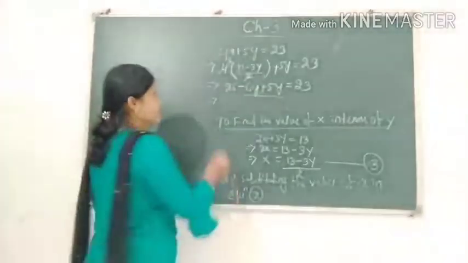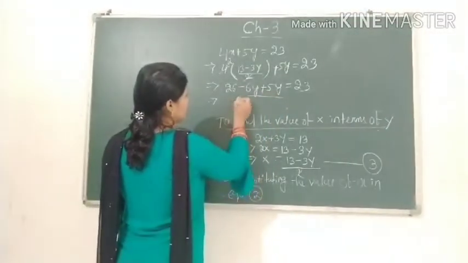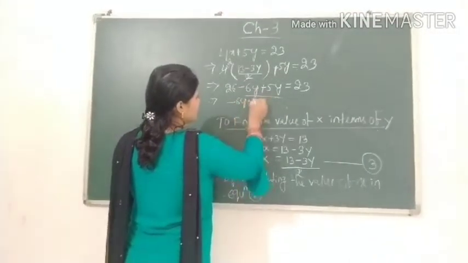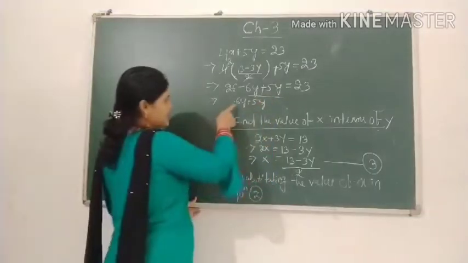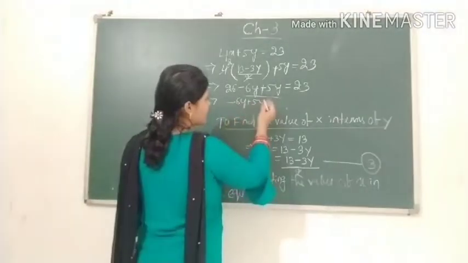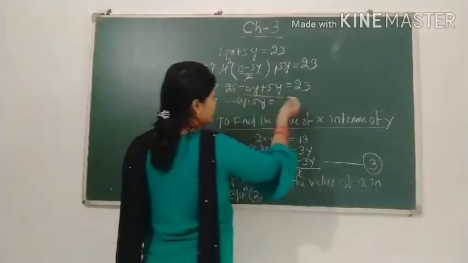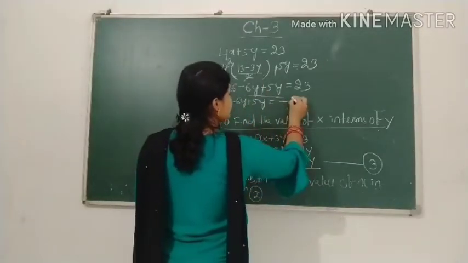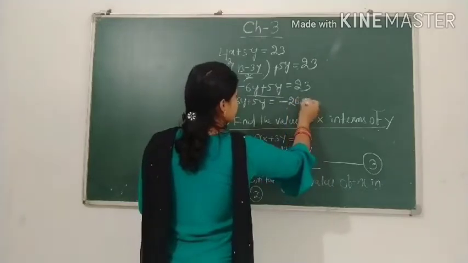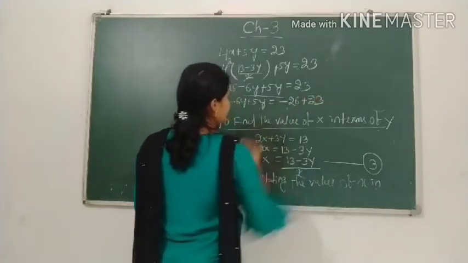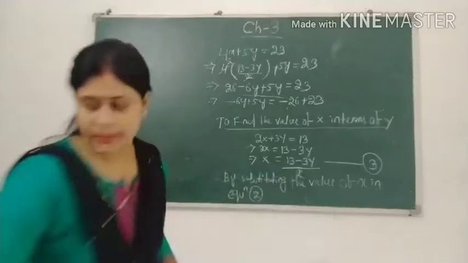These are like terms, so arrange it properly: minus 6y plus 5y, and 26 will go to the other side, minus 26 plus 23.